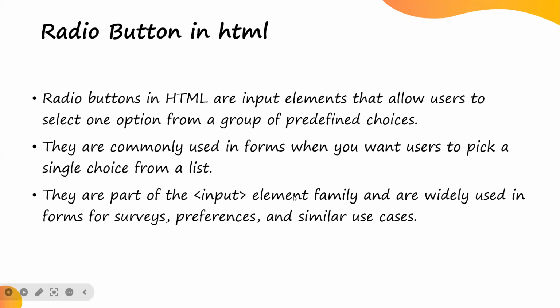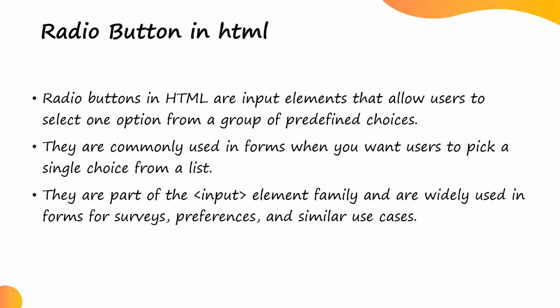So they are part of the input element family, and they are widely used in forms for surveys, preferences, and similar use cases. Now, this radio button is also an input element, but the type is going to be radio, okay? Just like checkbox is also an input element, and the type is checkbox.